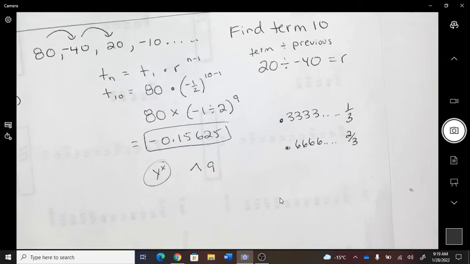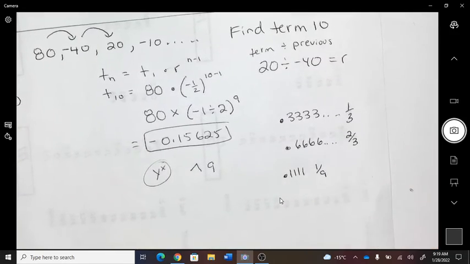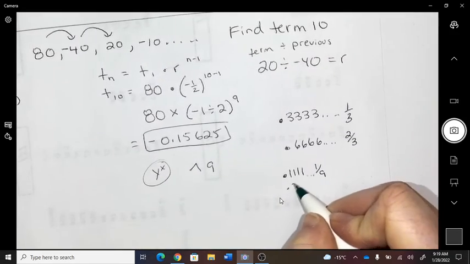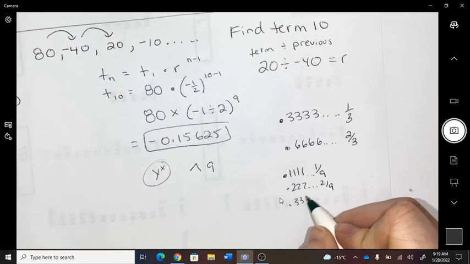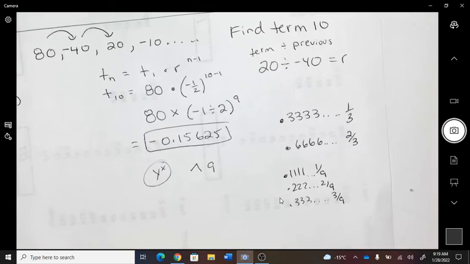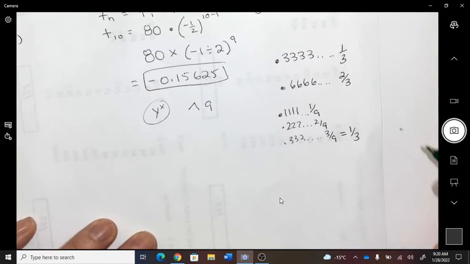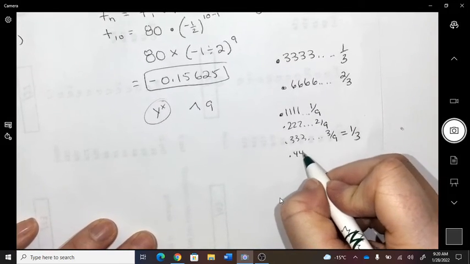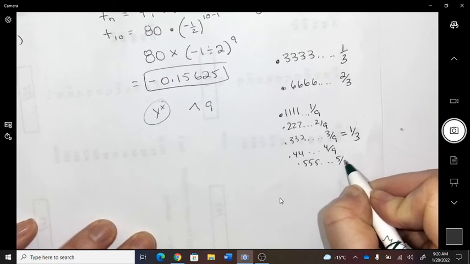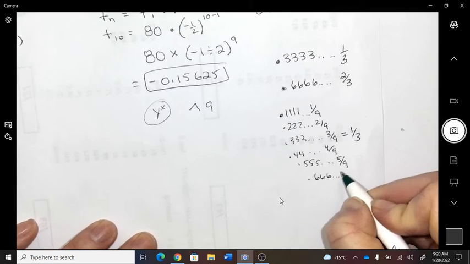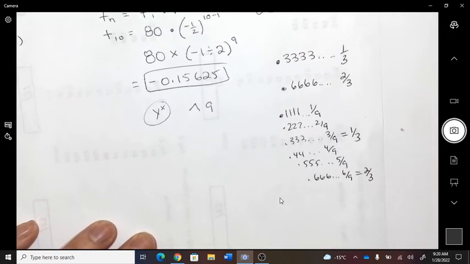Do you guys know this pattern? 0.111 is 1/9. 0.222 is 2/9. 0.333 is 3/9, which is why we get 1/3, right? 0.444 is 4/9. 0.555 is 5/9. 0.666 is 6/9, which is why we get 2/3.